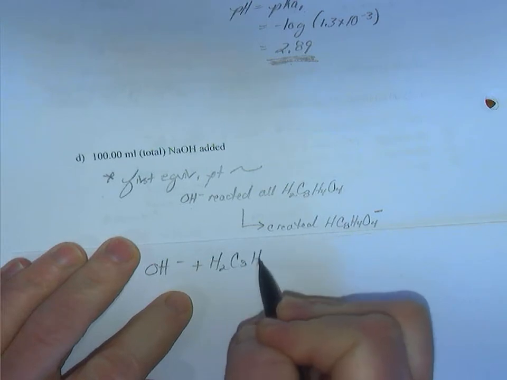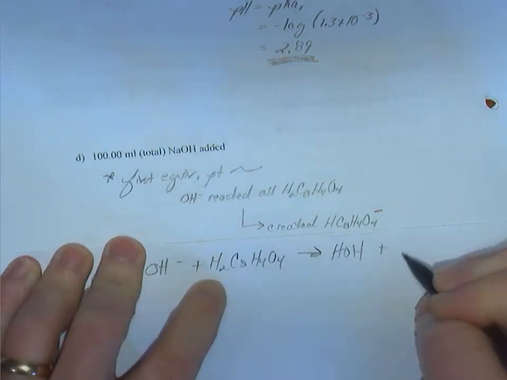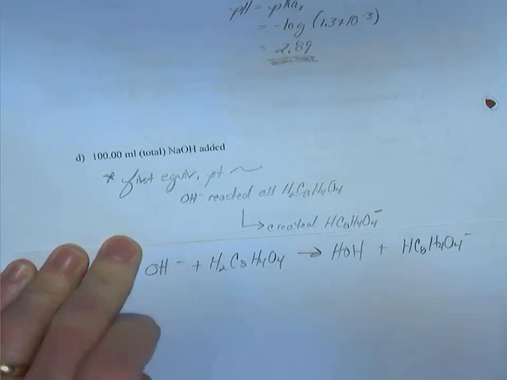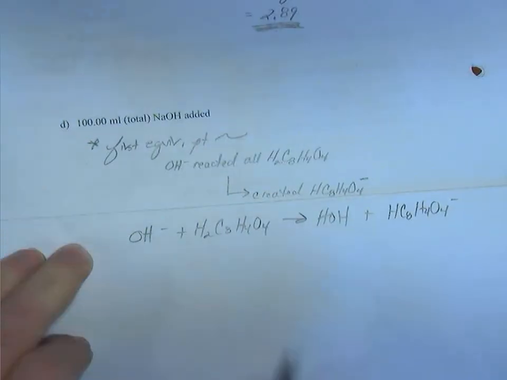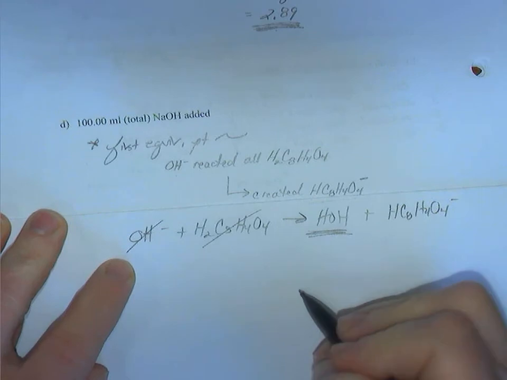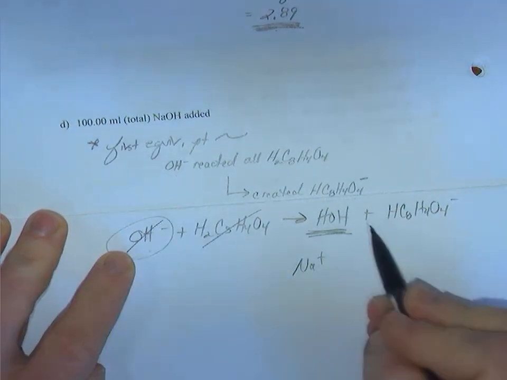We really have to be cognizant of how these different species that we are creating will act. None of this remaining. We just have water. We'll of course have some spectator ion from the hydroxide, but now we just have this.